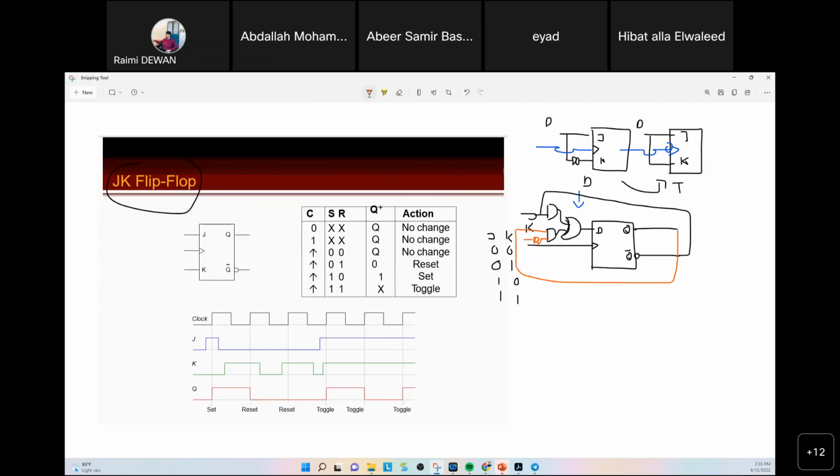So the equation for this JK flip-flop is Q plus. Q plus means the next output. Let's say we have this as the present output. The previous one we call the past output.